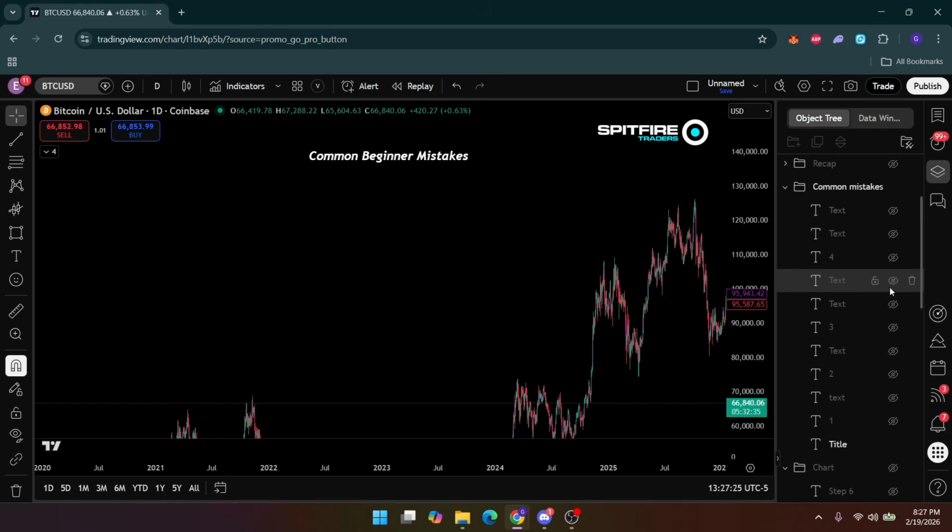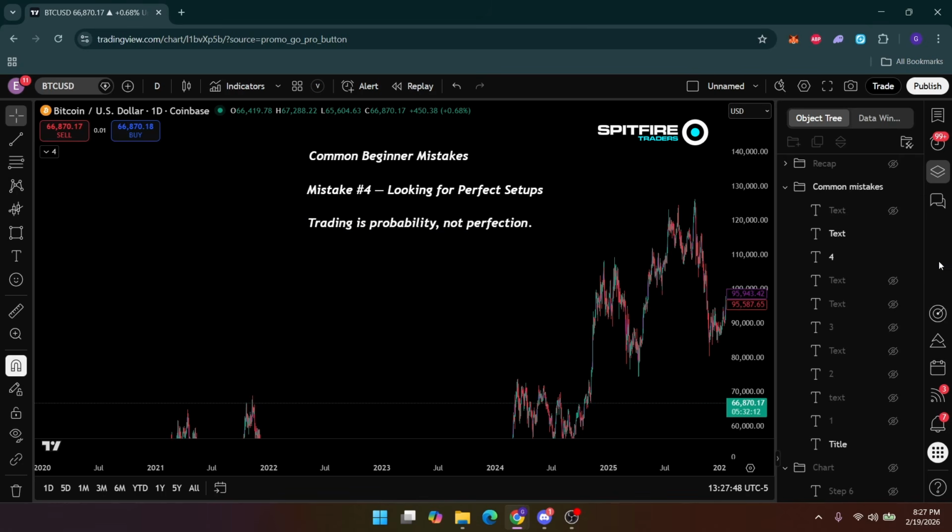Mistake number 4. Looking for perfect setups. You want everything to line up flawlessly. You want zero drawdown. You want a trade that feels guaranteed. But the reality is, trading is probability, not perfection. Even the best traders in the world lose trades. The goal is not to be right every time.